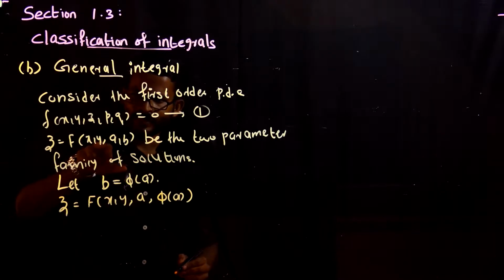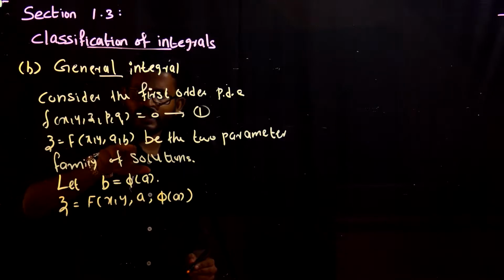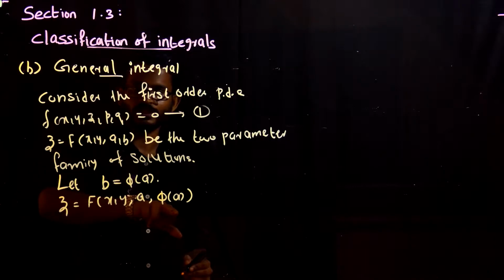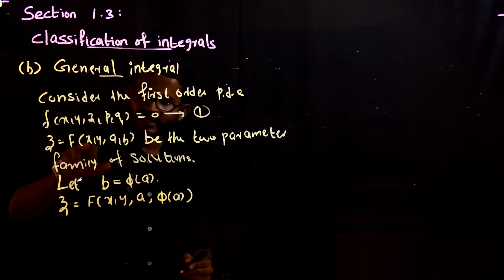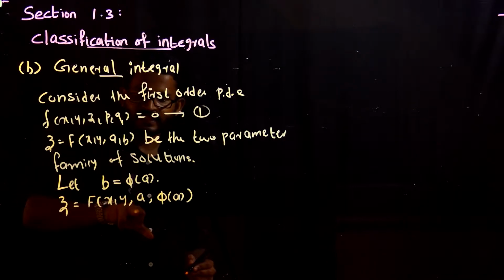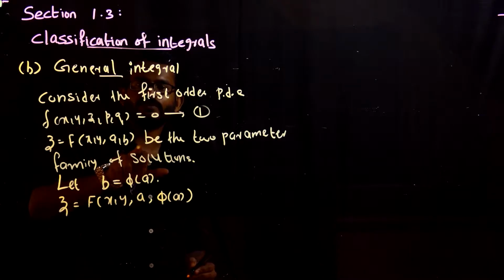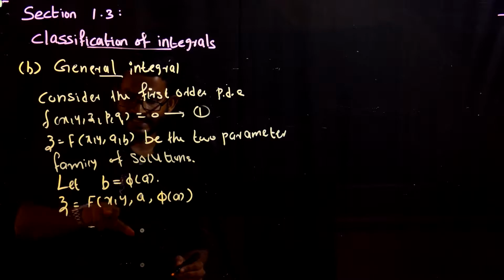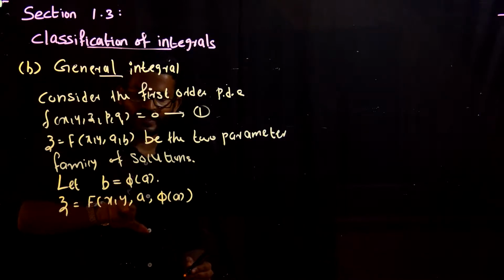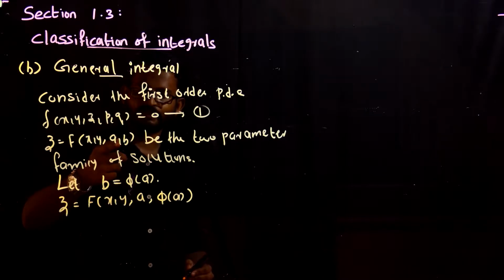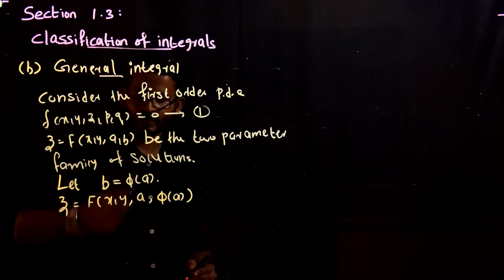That is, we converted this two parameter family of solution into a one parameter family of solution. In other words, F of x, y, a, phi of a is a subfamily of this two parameter family of solution.